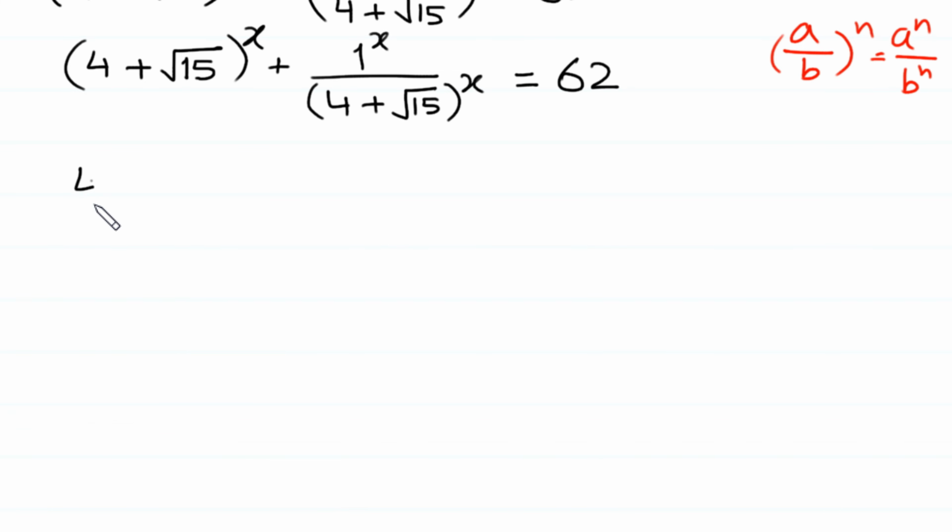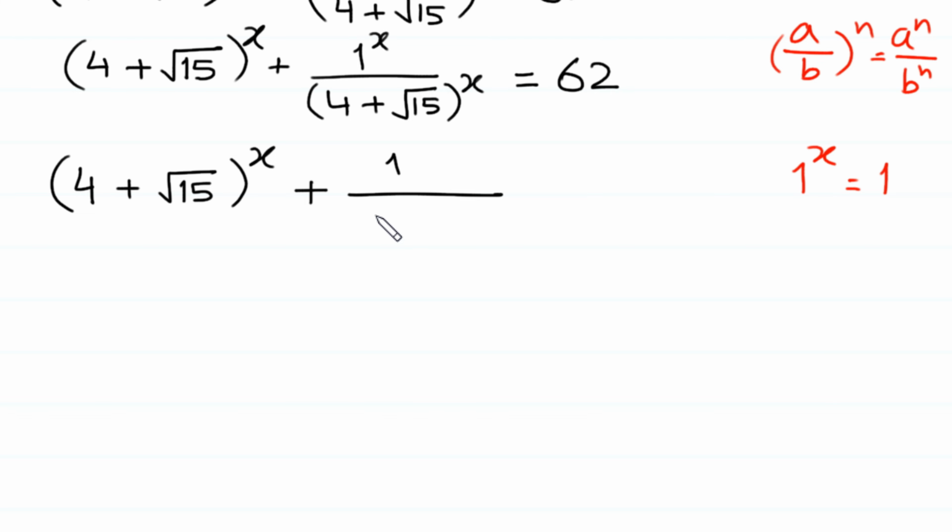Now because 1 to the power any number is equal to 1, this 1 to the power x is equal to 1, divided by (4 plus square root of 15) to the power x is equal to 62.